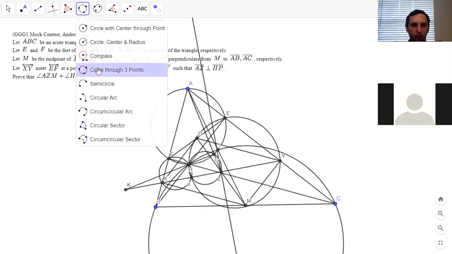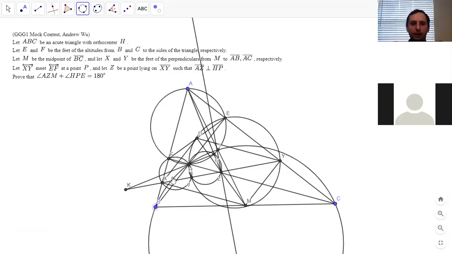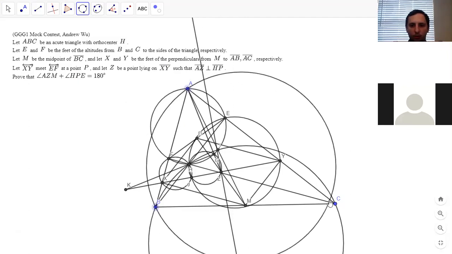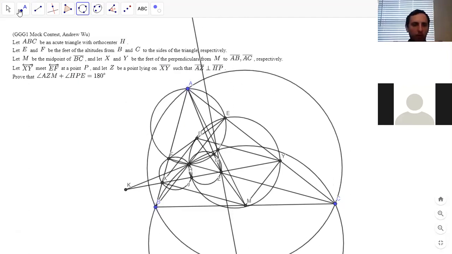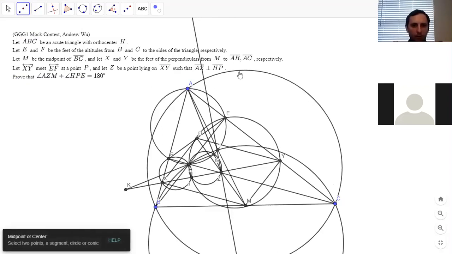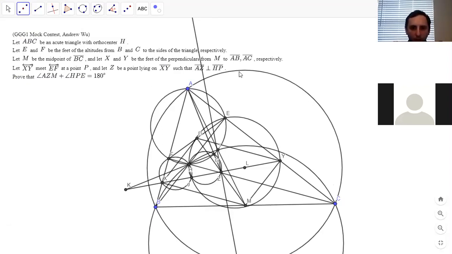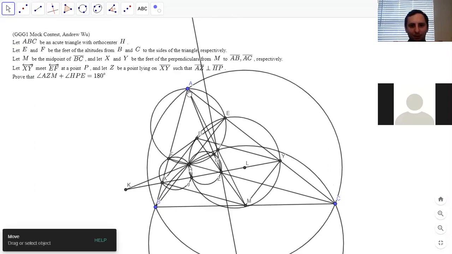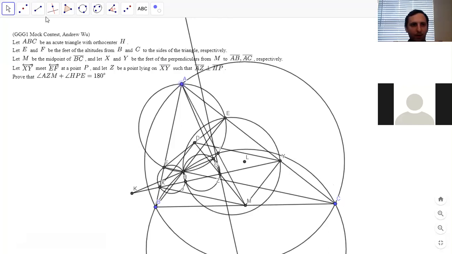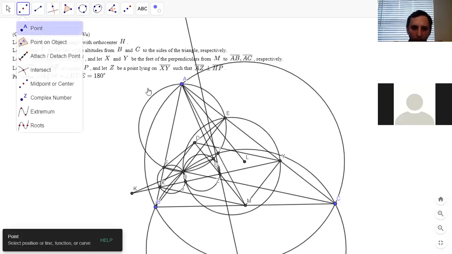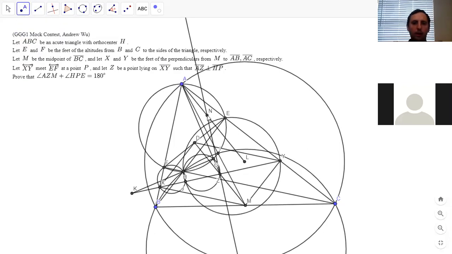Let's try to do this as quick as I can. Yeah, exactly. That's what I'm trying to do. No way XY passes through the center of the circle. Yeah, there we go. Okay, so basically this point right here should be the isogonal conjugate of H. Point N.